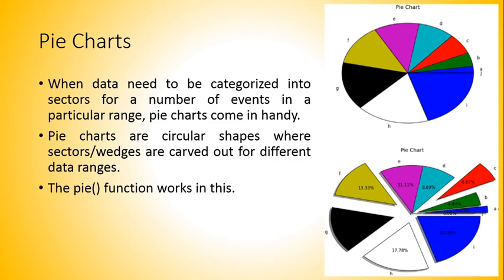Pie charts are circular in shape where sectors or wedges are carved out for different data ranges. The size of the wedge, or you can say a sector, is proportional to the data volume. So the pie function in matplotlib pyplot is used for plotting a pie chart.